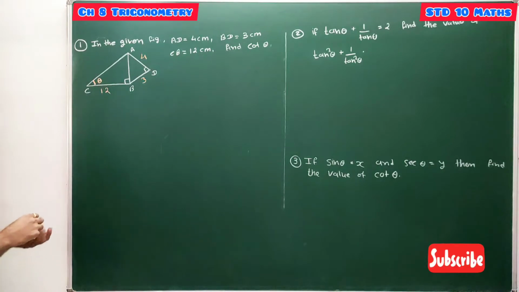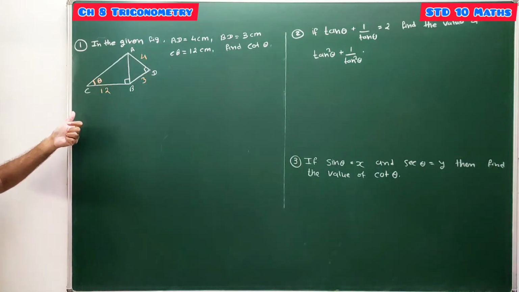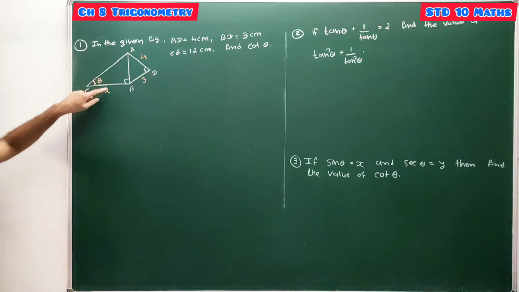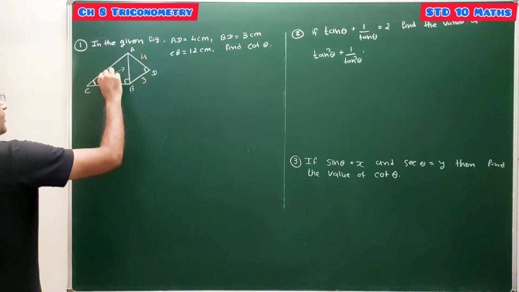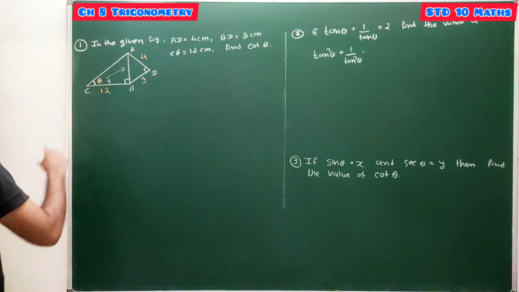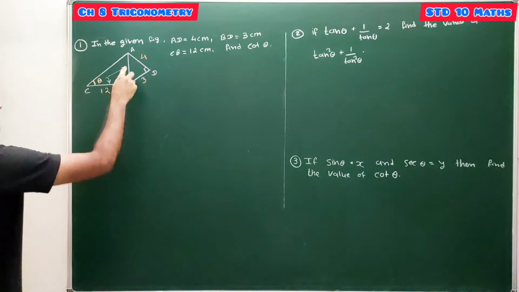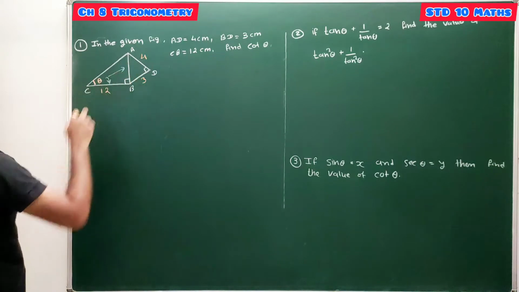So what is the definition of cot theta? We know cot theta is the reciprocal of tan theta, and tan theta is opposite side by adjacent side. So cot theta is adjacent side by opposite side. So this one is the opposite side and this one is the adjacent side. So cot theta is BC by AB, but here the length of AB is not given, and therefore first we have to find the length of this AB.